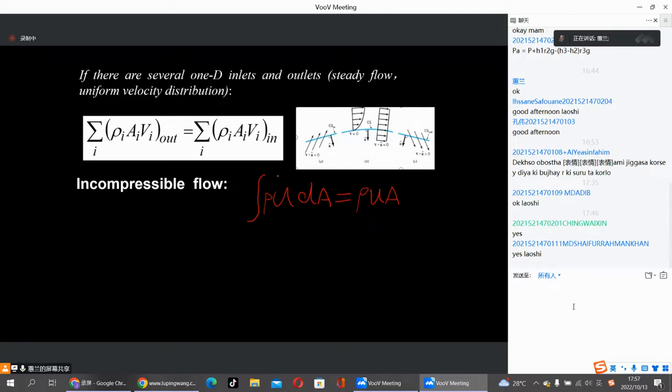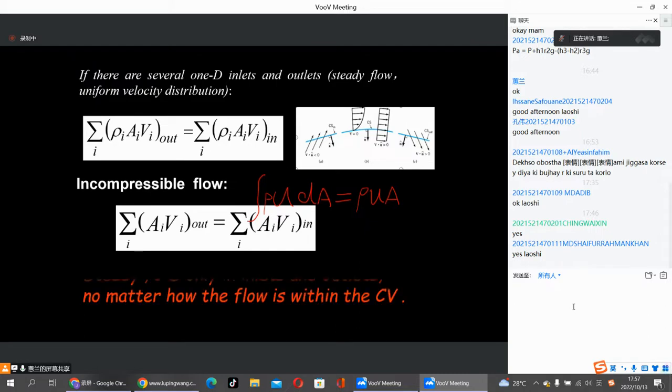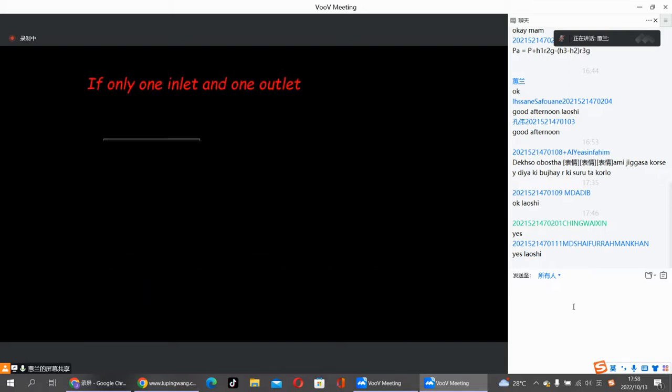Because it's uniformly distributed. So this is for steady and 1D flow, and we will not care what happens inside the CV, because what happens inside the CV is constant. It will not change with time.